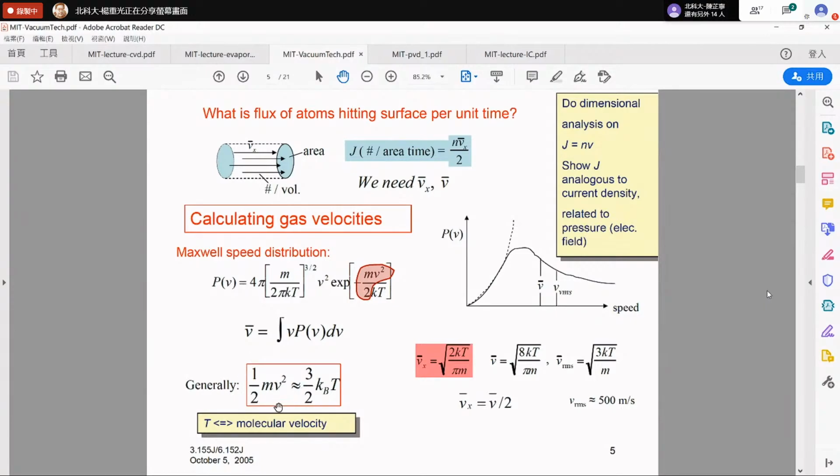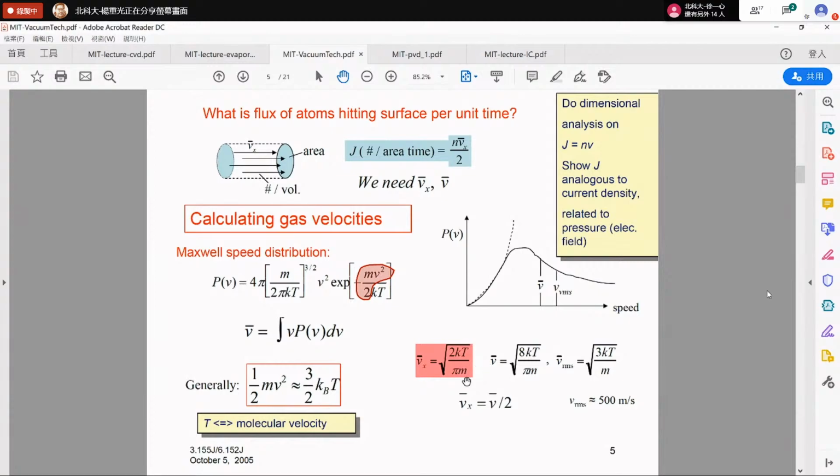This is Newton's law, and so the kinetic energy is proportional to the temperature. This temperature is the absolute temperature in the unit of Kelvin. In the other way, you can say in the x direction, it is 2kT over pi m.